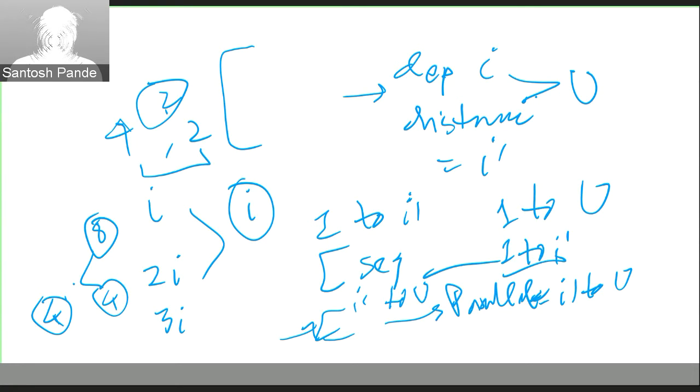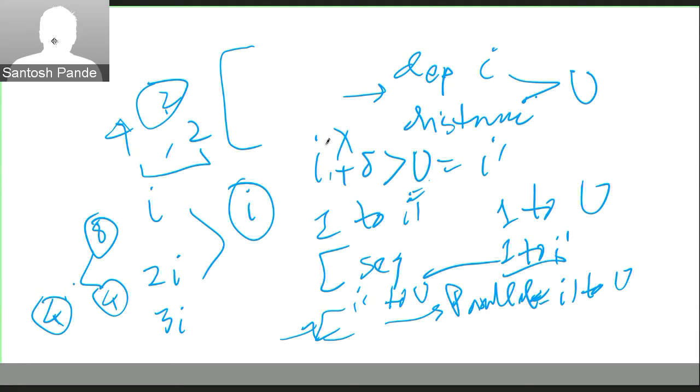At a certain point it exceeds the loop bound, so that if the source of the dependence is I1, then I1 plus D becomes greater than U, which is our upper bound. And obviously we can't have I2 outside this space of upper bound, so the dependence ceases to exist.